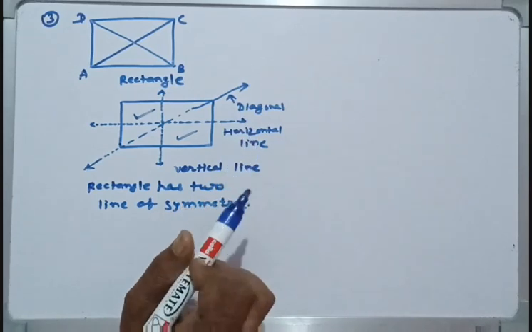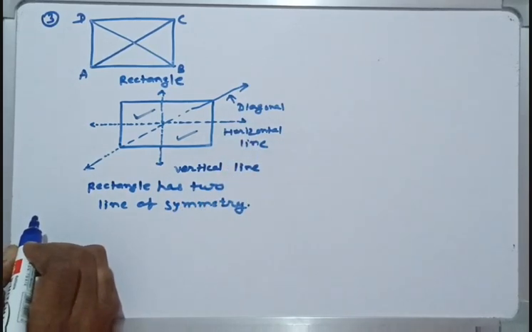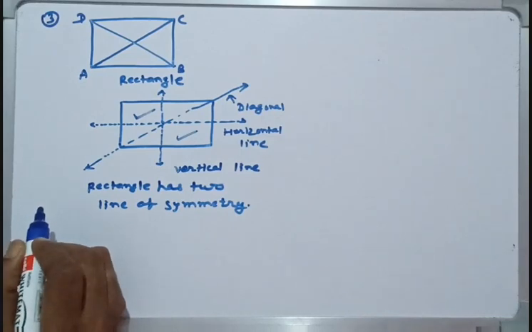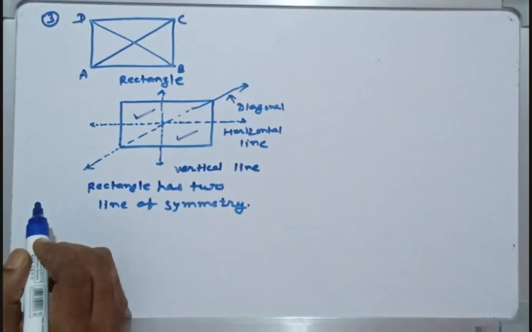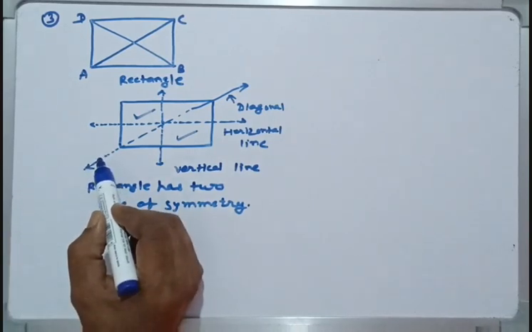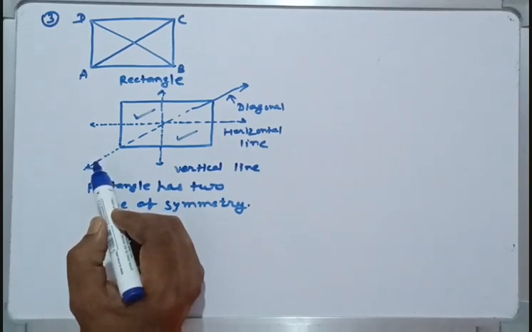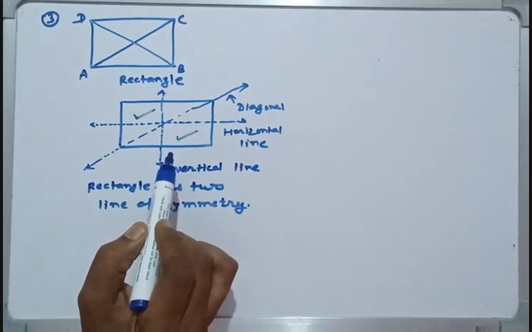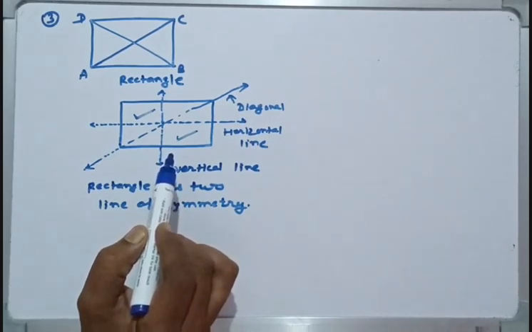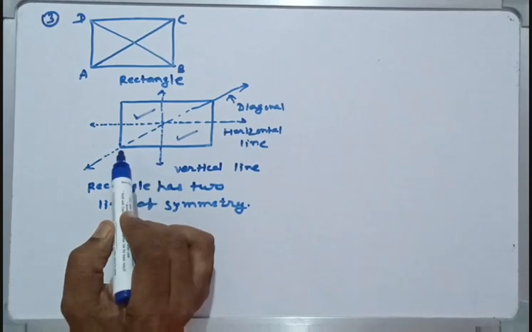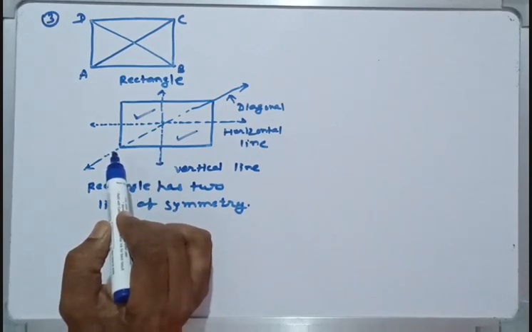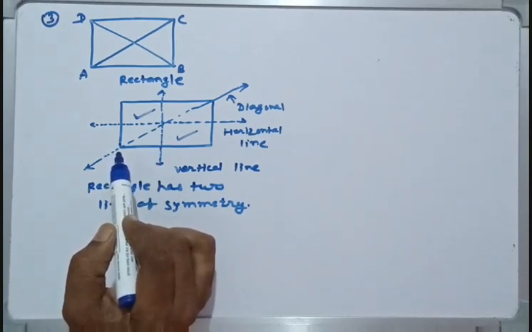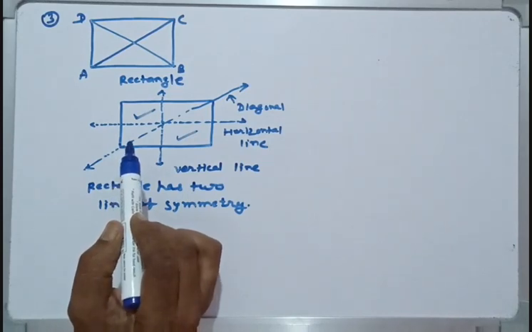Okay guys, you know this thing, when we fold the object along the symmetrical line, then one half part must overlap the second half part. Okay guys, but in the case of a rectangle this is not going to happen.